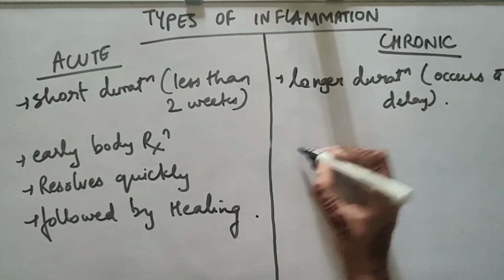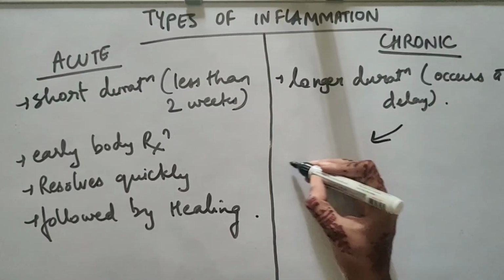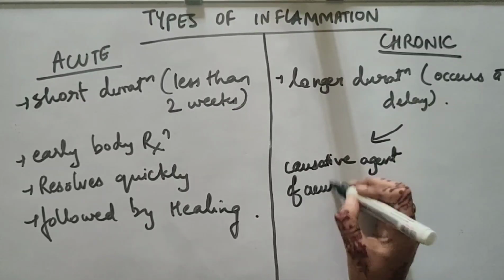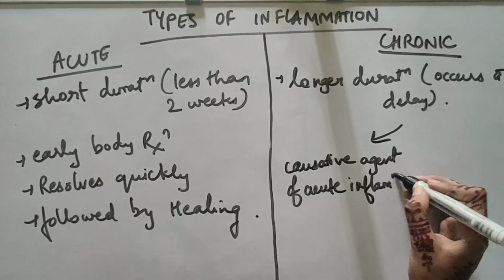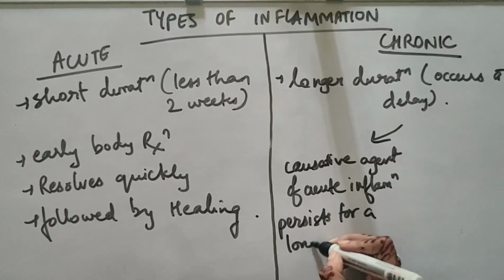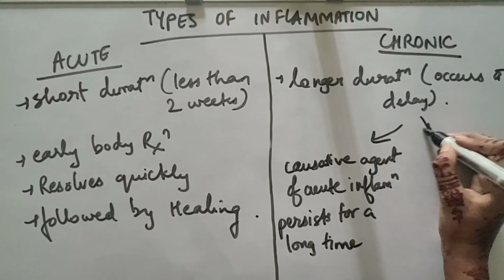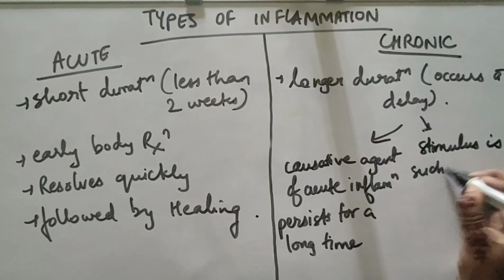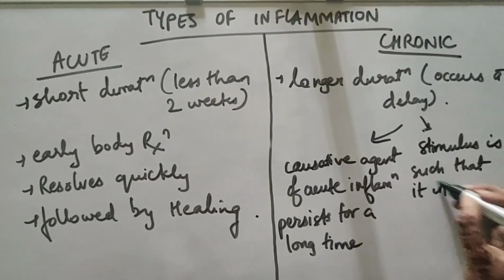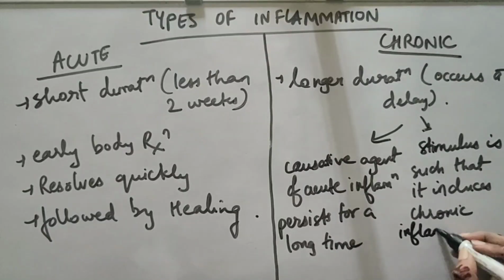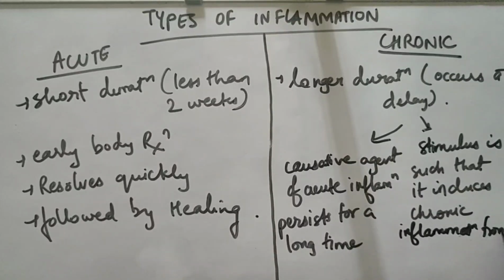It occurs either when the causative agent of acute inflammation persists for a longer time, or the stimulus is such that it induces chronic inflammation from the beginning.